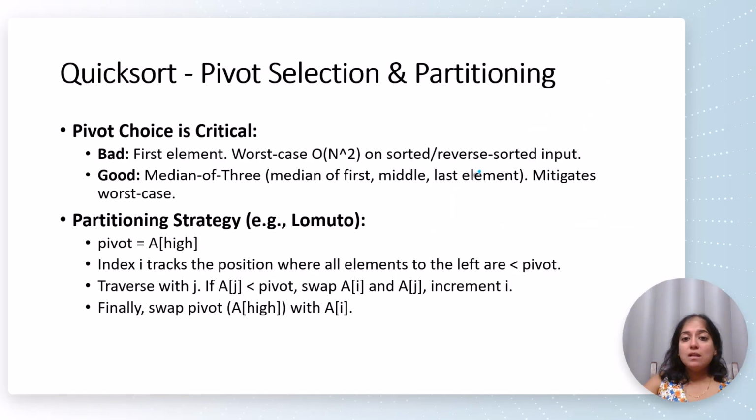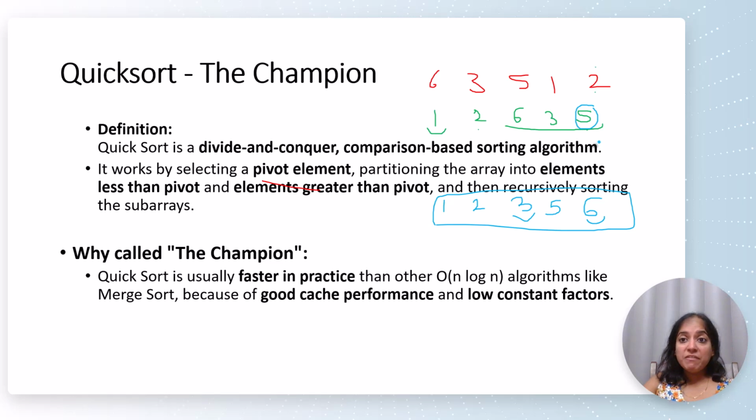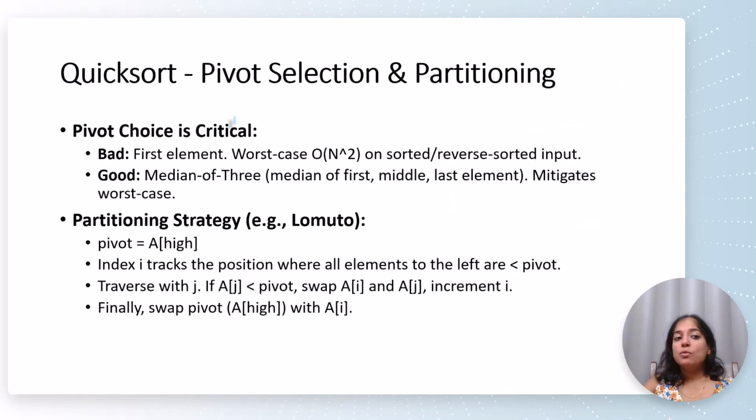We can choose any element as the pivot element. We can choose the last element, the first element, or the middle element of the array as the pivot. It depends, so the pivot choice is critical.